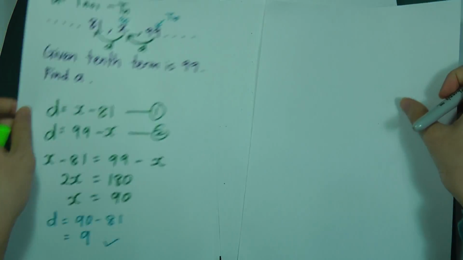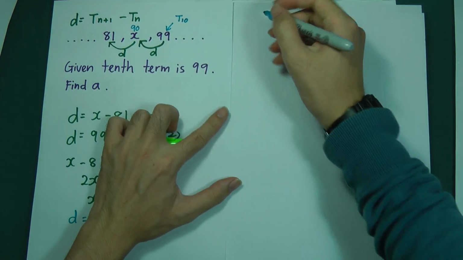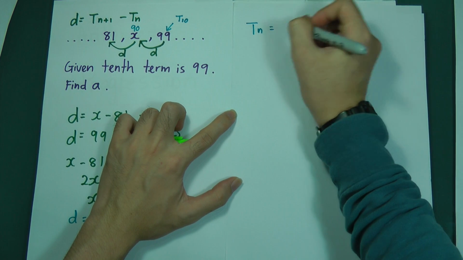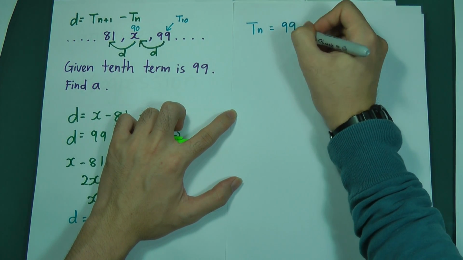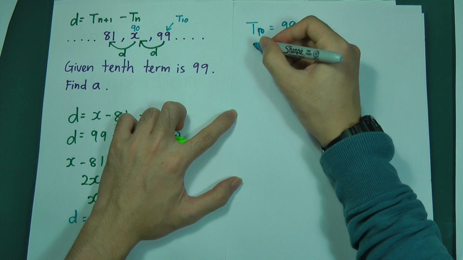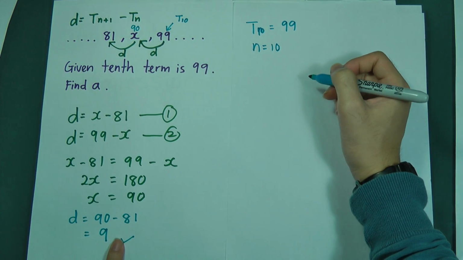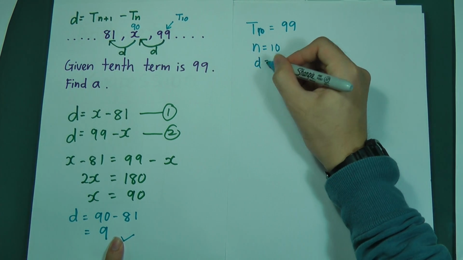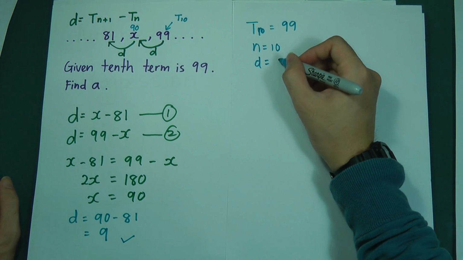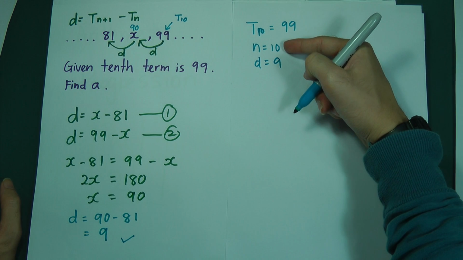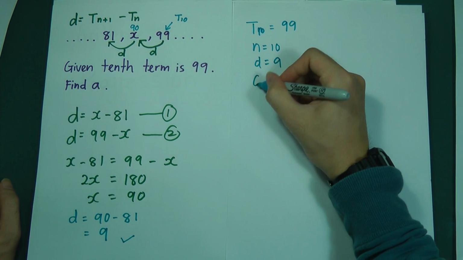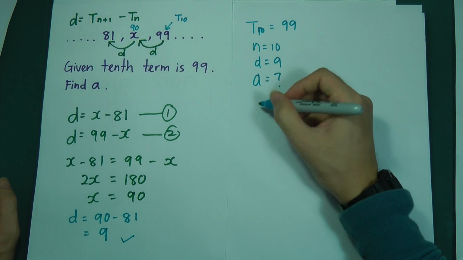So here I know n equals 10, and then I have d, d is 9.